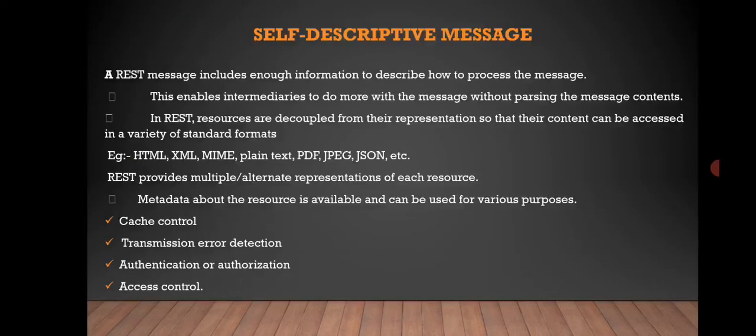Self-descriptive message. A REST message includes enough information to describe how to process the message. So this enables the intermediaries to do more with the message without parsing the message contents.